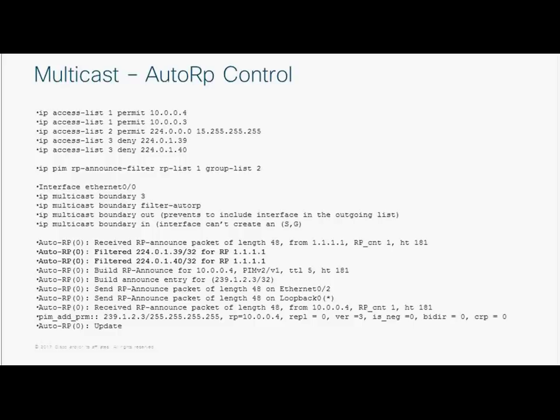Then you can see that I have configured ip pim rp-announce-filter, which means that I'm only processing the RP information for those RPs included in my access list 1. I will do that only for the groups included in the group list 2. In this case, that group list includes all the multicast space.